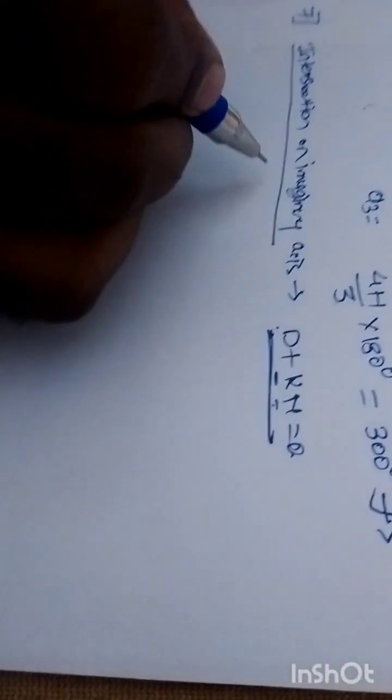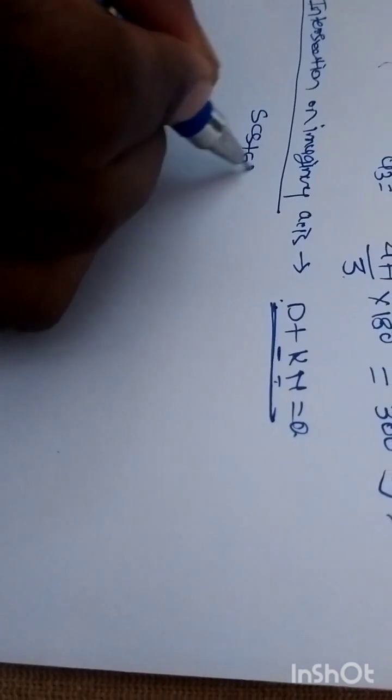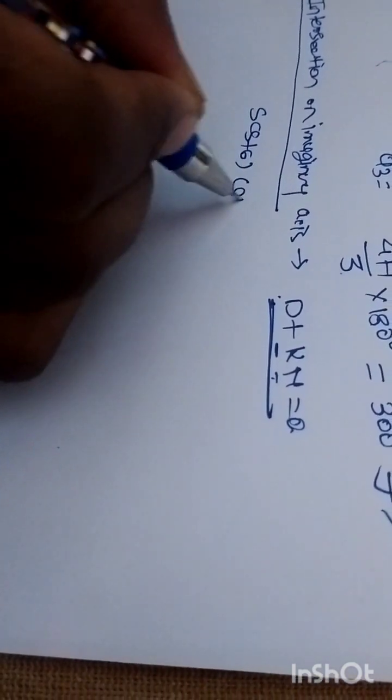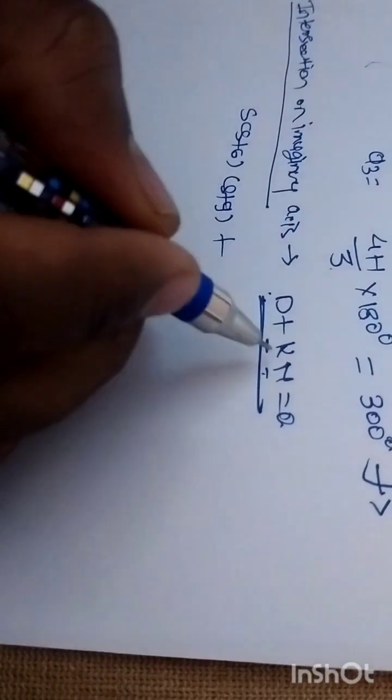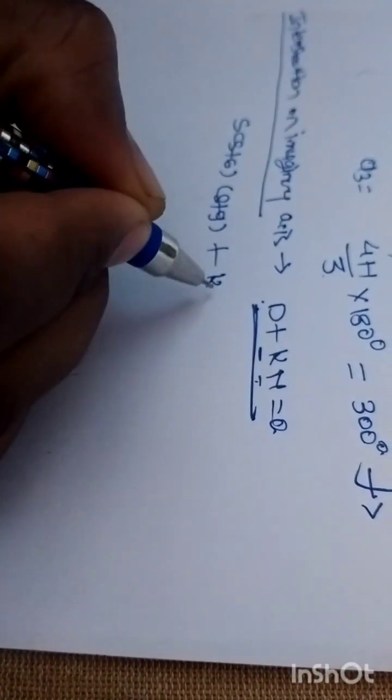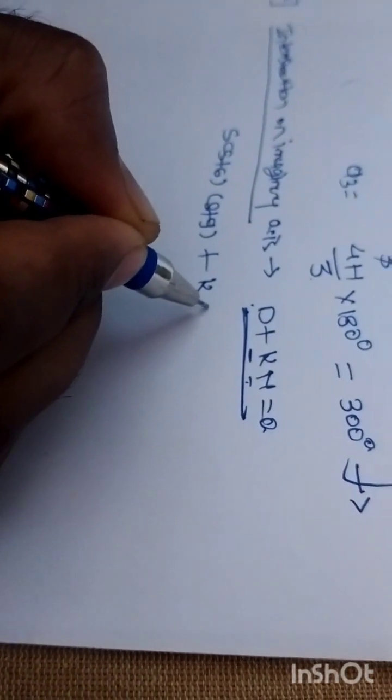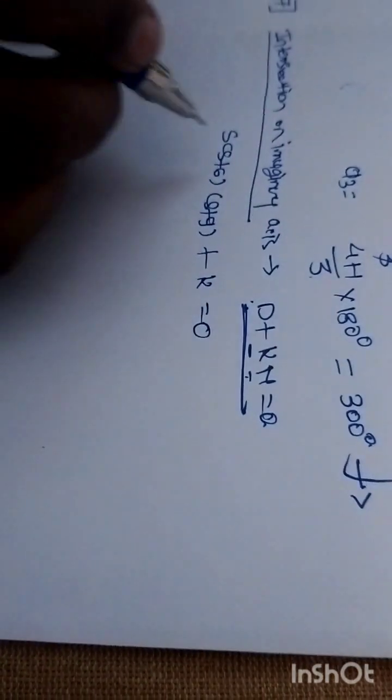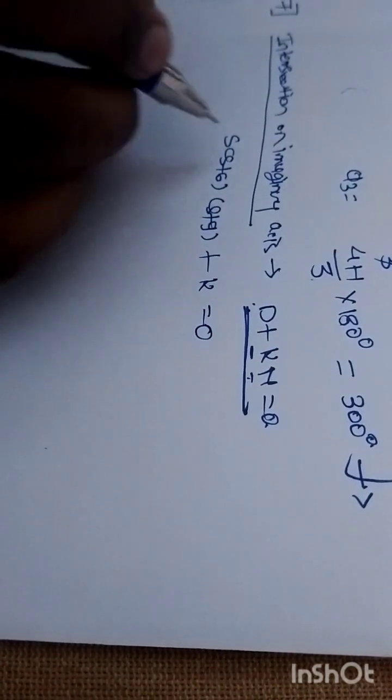So it will become s into (s plus 6) into (s plus 9), the denominator polynomial, plus k into 1, the numerator polynomial equals 1, so plus k equals 0. Again we need to simplify term by term.